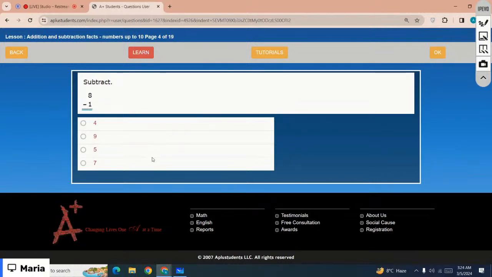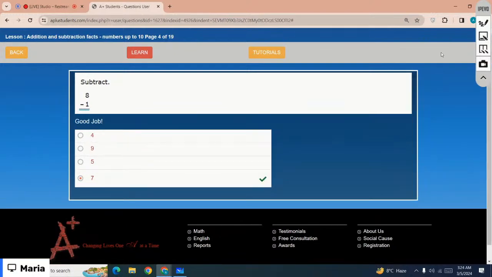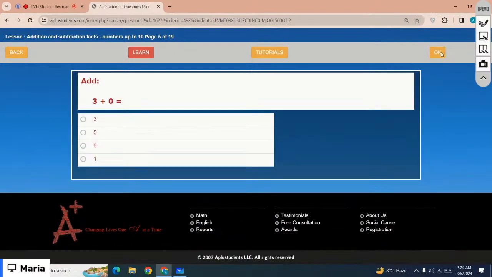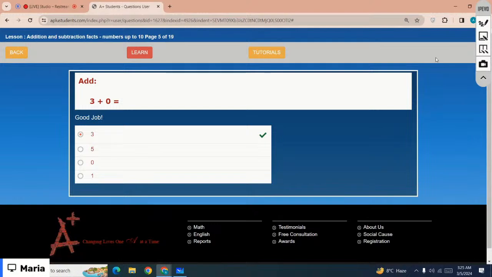The correct option is 7. The next one is 3 plus 0, which is the correct option? Yes, 3 plus 0 equals 3. You simply need to add or subtract, right? Nothing new here.